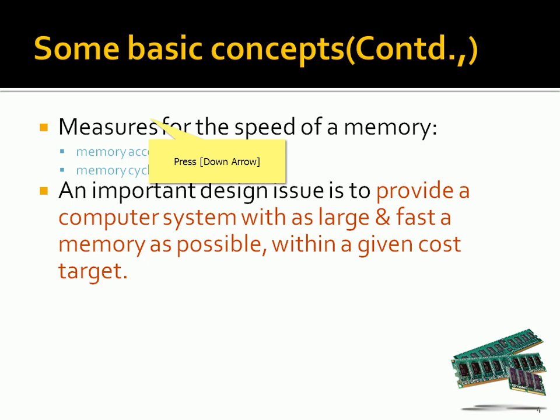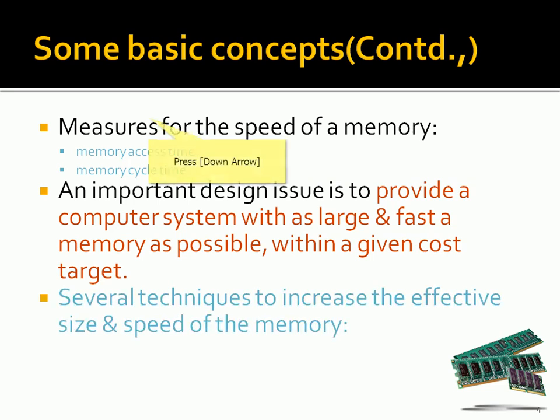The more cells there are, the more data we can fetch or store in a single attempt. So cost is a factor, and speed and the amount of memory are also influencing factors in most design issues. So most designers look for several techniques to increase the effective size and speed of the memory.